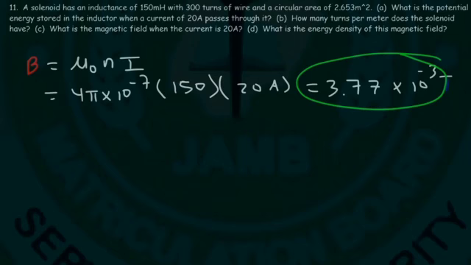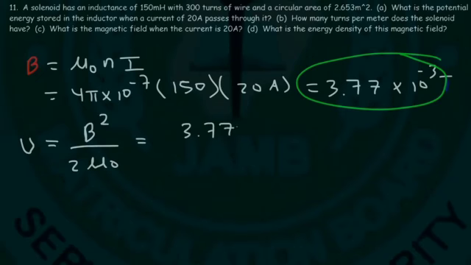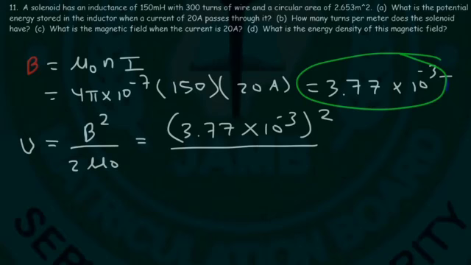Now what about part D? What is the energy density of this magnetic field? To calculate the energy density, which is equal to lowercase u, it's B squared divided by 2 times mu0. So we have B already, and we just got to divide it by 2 and the permeability of free space.